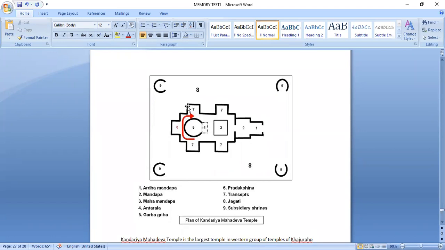We do Pradakshina around this place. Okay, this is the path. Transepts, these are the transepts. What is a transept? It's cross-like.